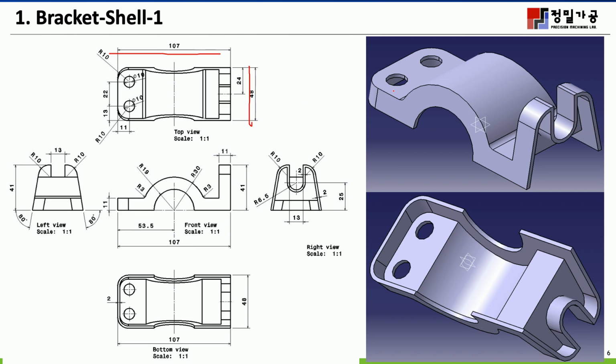So you draw this shape first. Okay, and it's up to you. You can draw on this side like this and then go to the path, something like that. But in this case, I will teach you. I draw like this first and then draw this part.